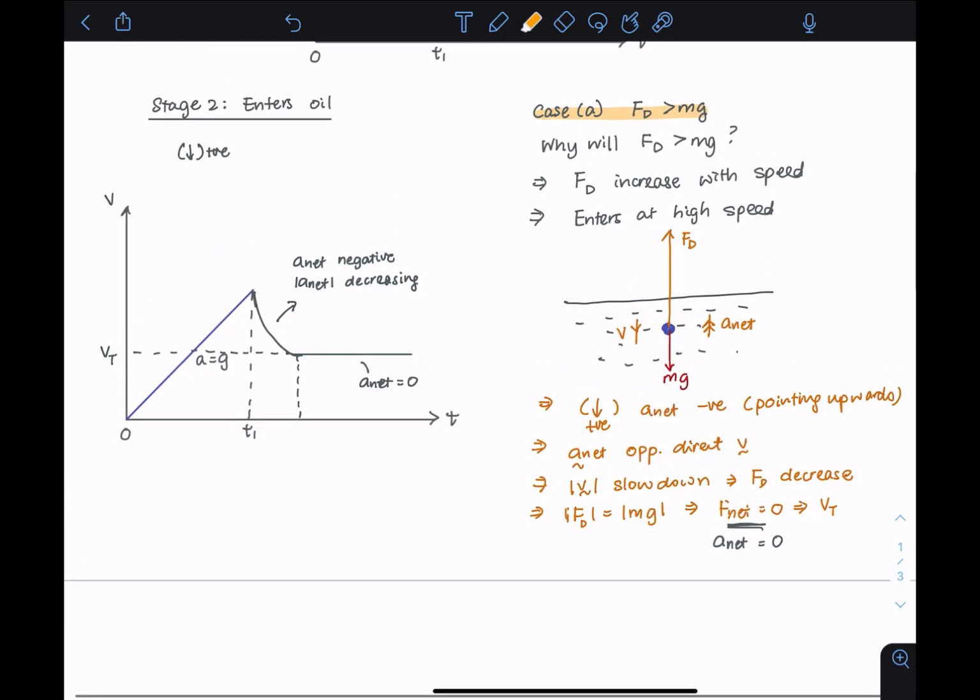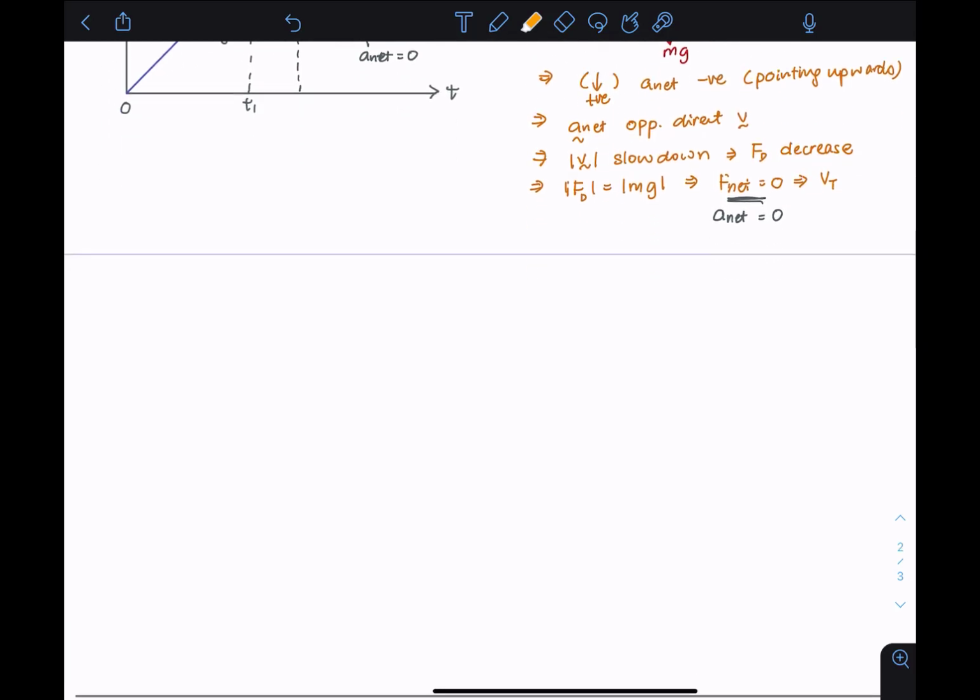Okay, so let's look at case B. I'm going to bring this down. In case B, we are looking at the case where my drag force is less than the weight when it enters.